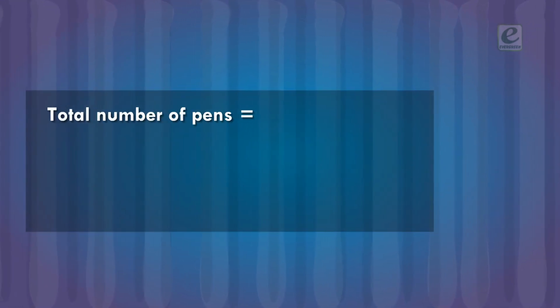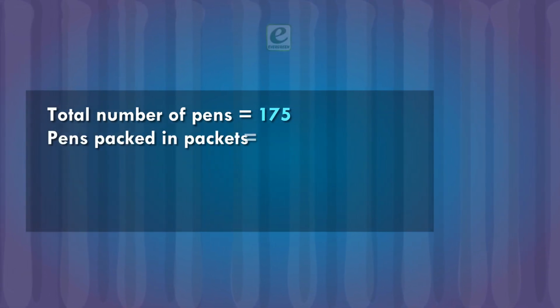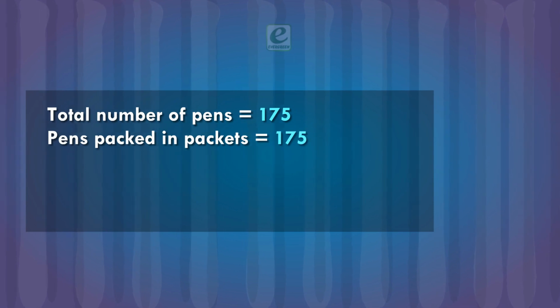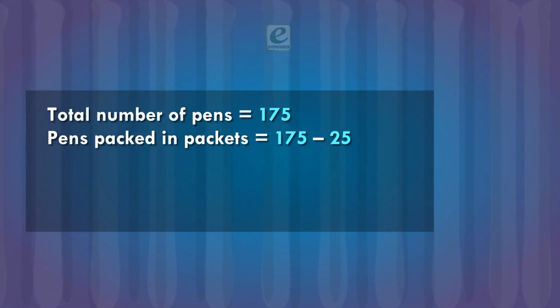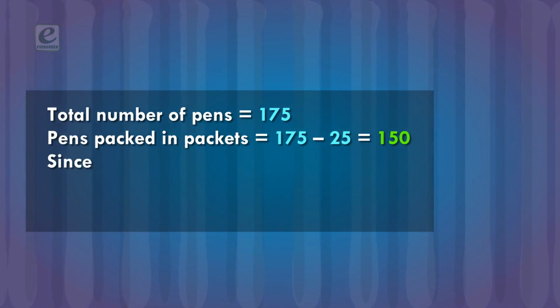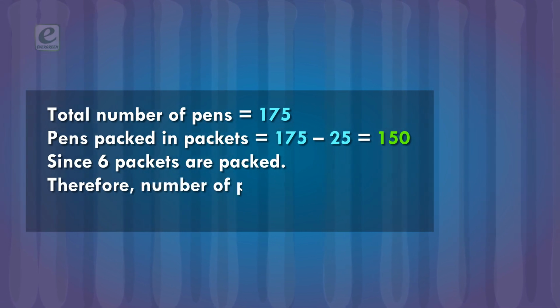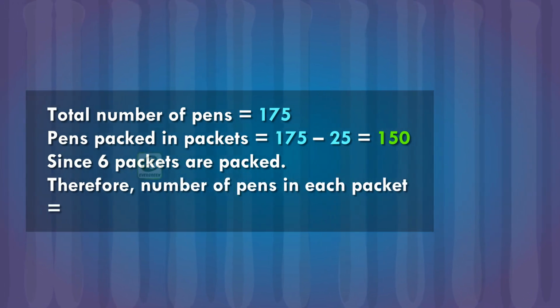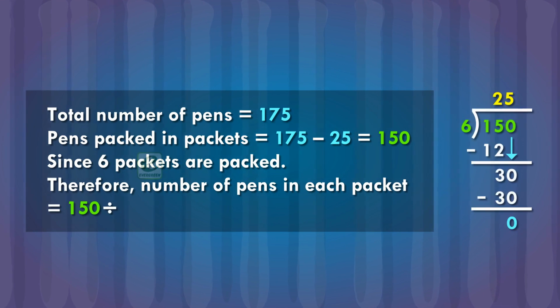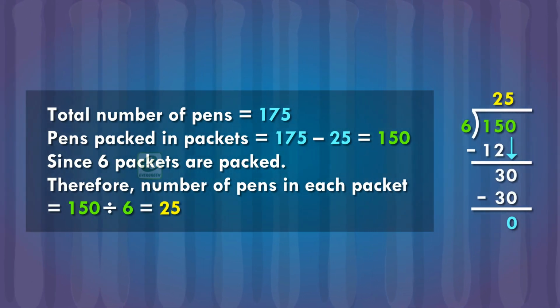Total number of pens is equal to 175. Pens packed in packets equals 175 minus 25 is equal to 150. Since 6 packets are packed, therefore, number of pens in each packet equals 150 divided by 6, which is equal to 25.